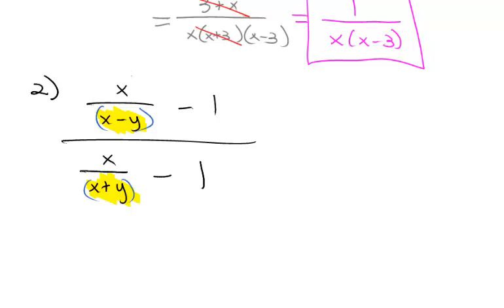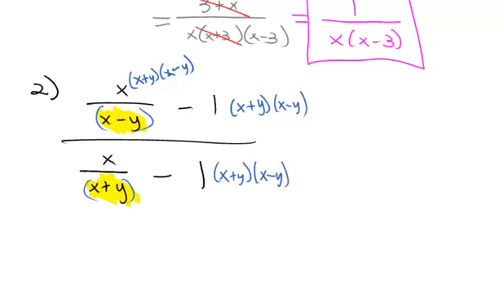We are going to multiply everything by x plus y, x minus y. Don't forget to also multiply the 1's by x plus y, x minus y, x plus y, x minus y. And when we do, the x minus y's divide out, and the x plus y's are going to divide out, because I also should have multiplied it by this term.